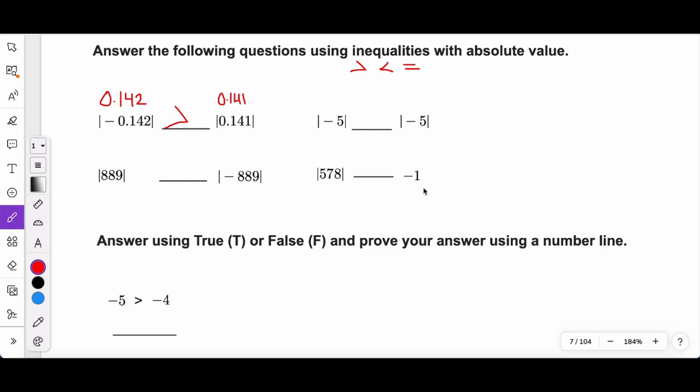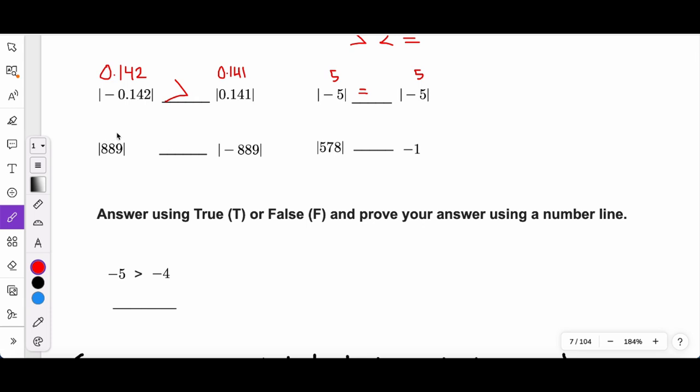So now continuing to our next problem. I have the absolute value of negative 5 is blank to the absolute value of negative 5. So we're going to make that positive, so they're both going to be 5. That means 5 is equal to 5, so that's why I'm going to use the equal to sign. Now we're going to move on to the next problem.